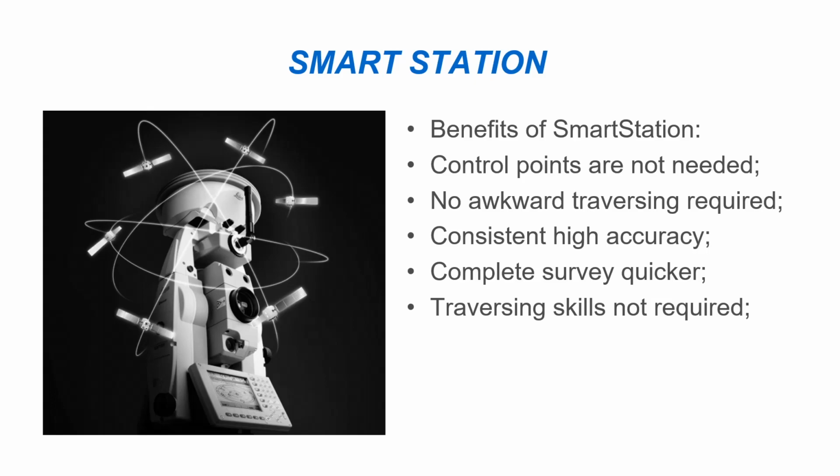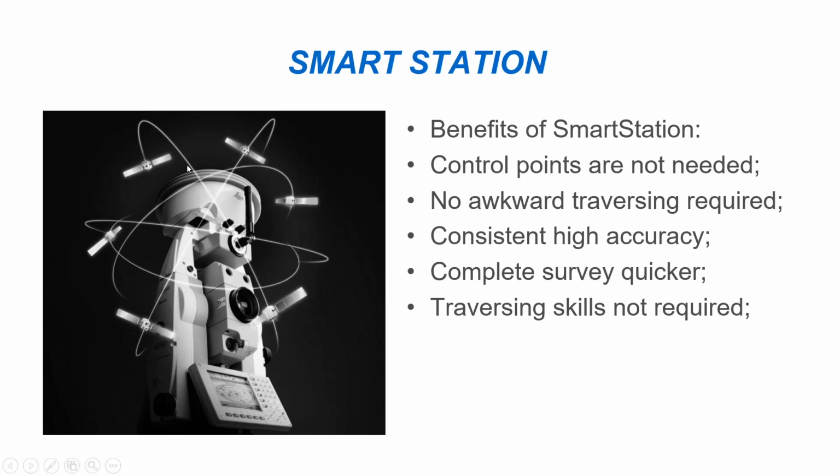Well, and the last one, one of the expensive pieces of equipment, is a smart station. Control points are not needed because it has a GPS antenna directly on it. No awkward traversing required. It has consistent high accuracy. It completes quicker and traversing skills are not required.